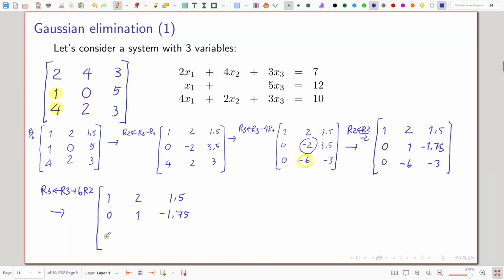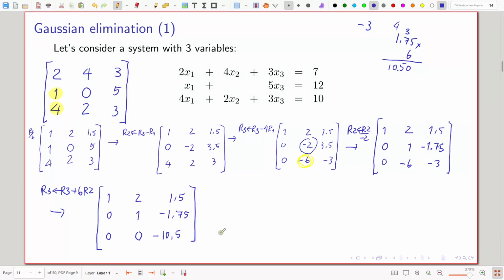And I add it, so this becomes 0, this will be 0 as well, and finally I have minus 3, right? So let me have a note here, and then I do 6 times 1.75, so I get minus 10.5.